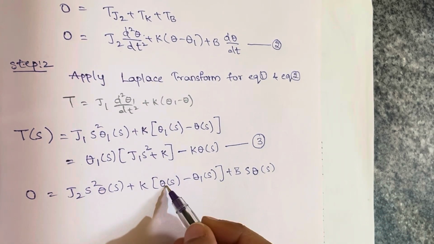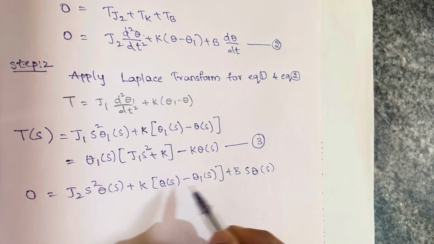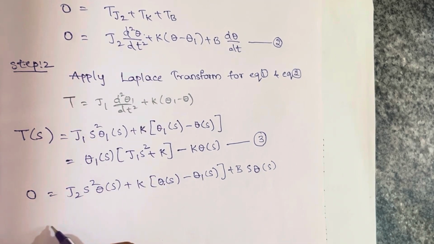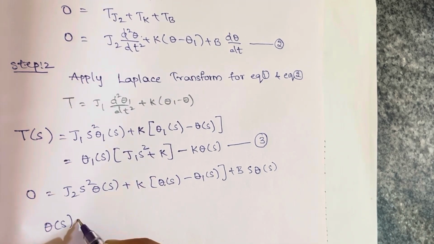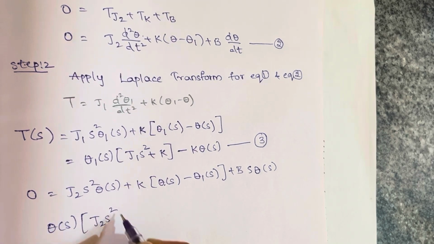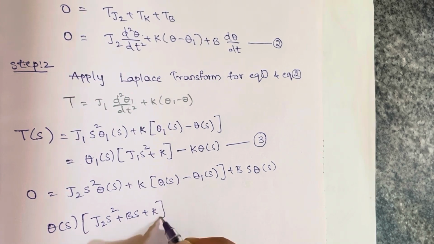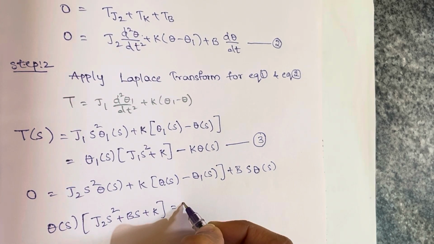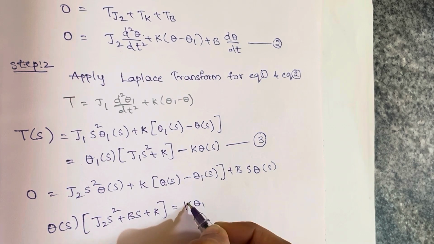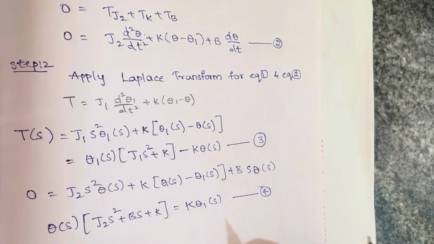When we take theta of s common from these three terms, we get theta of s into (J2 s square plus bs plus k) equals k theta 1 of s. So let us assume this as our equation number 4.